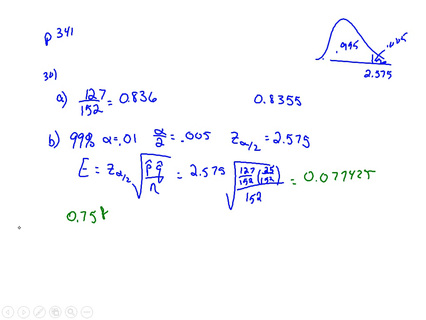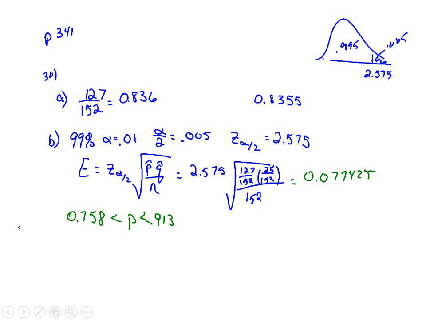Keeping 4 decimals as you do the problem so that you can round the final answer to 3 decimals, because you always want to keep at least one more than what the final answer will be. The true population proportion is less than, and what if we add the margin of error? So our true population proportion is somewhere between 0.758 and 0.913.